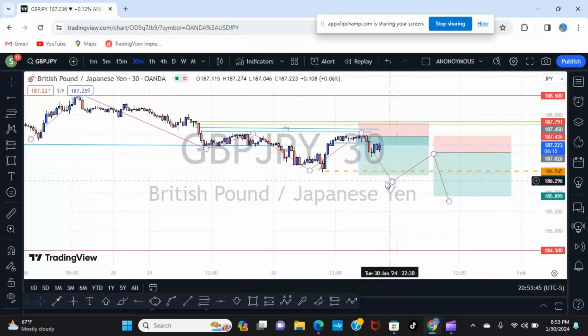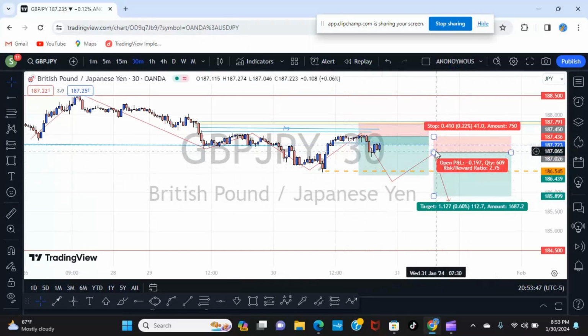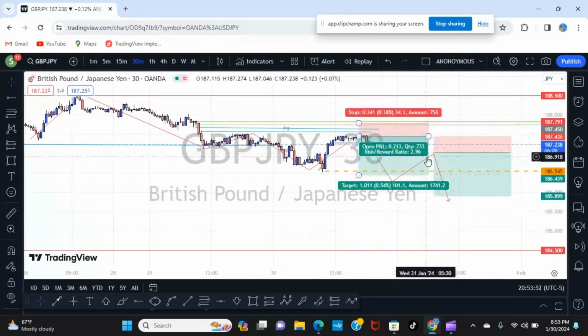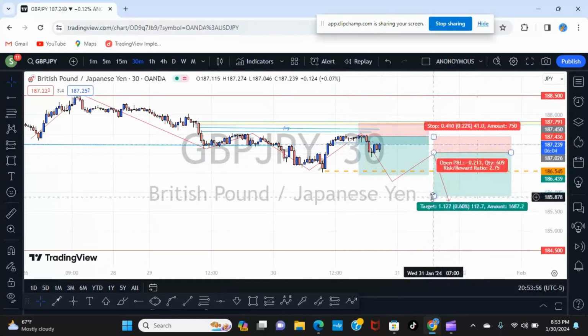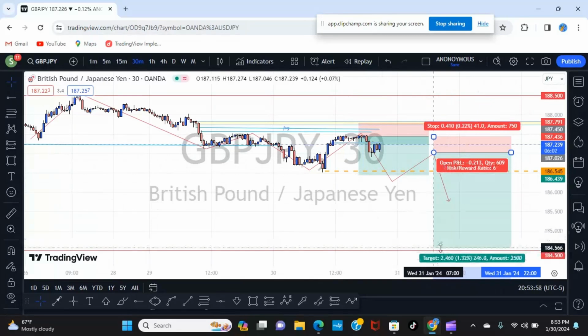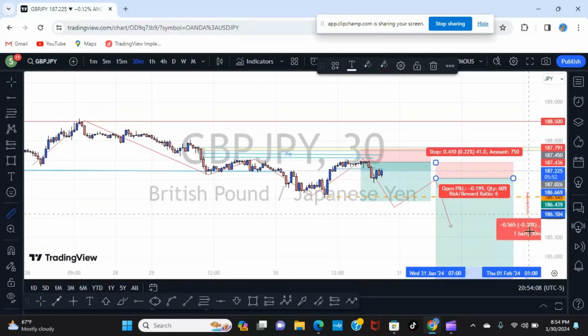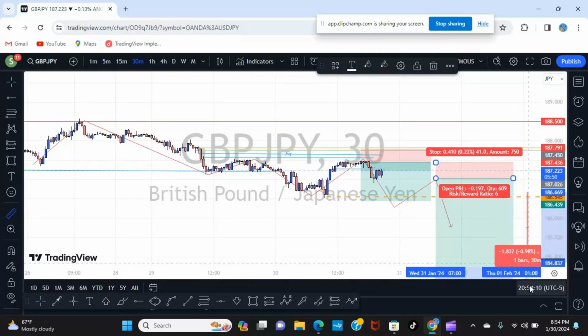So after this structure breaks, we're gonna wait again for a pullback, London kill zone or New York session. So basically this is the zone that I'm gonna target on the next move. So I'm gonna target at least, wow, 100, 200 pip, guys.